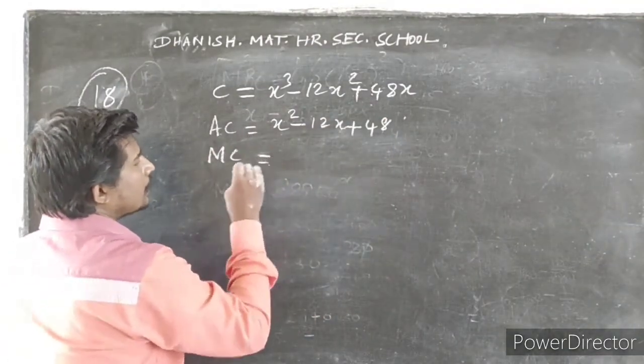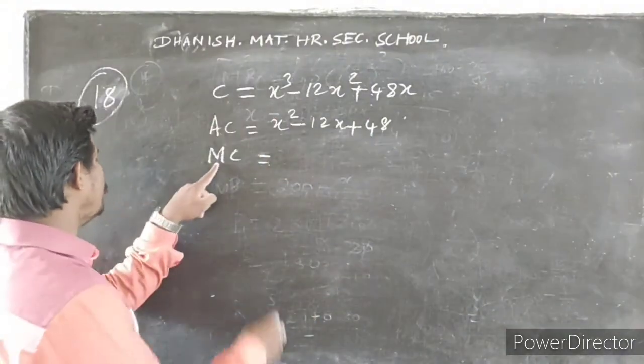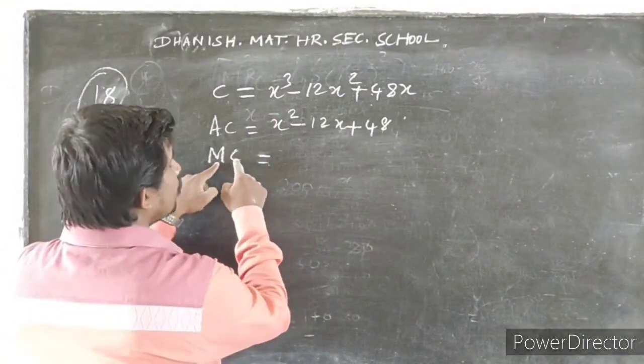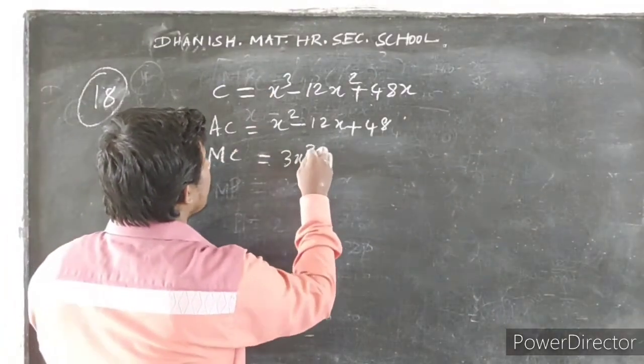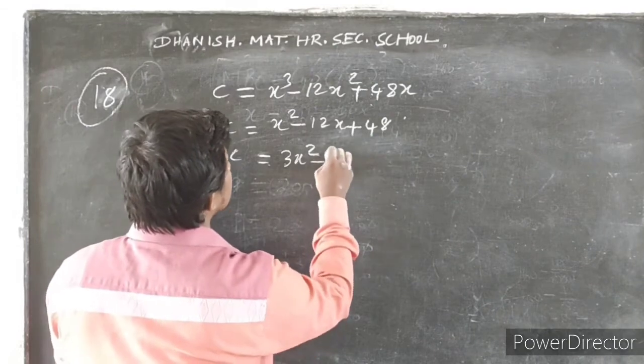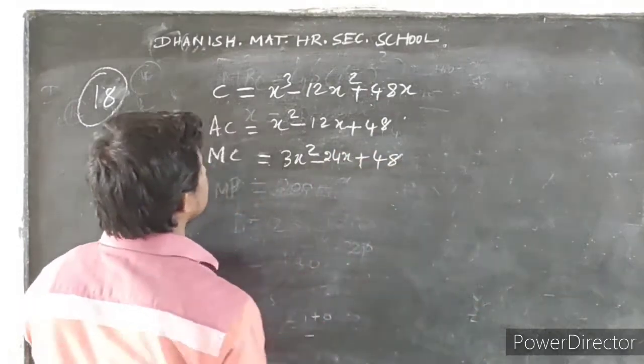Now if you want to find the marginal cost, we have to differentiate the cost. So 3x square minus 24x plus 48.